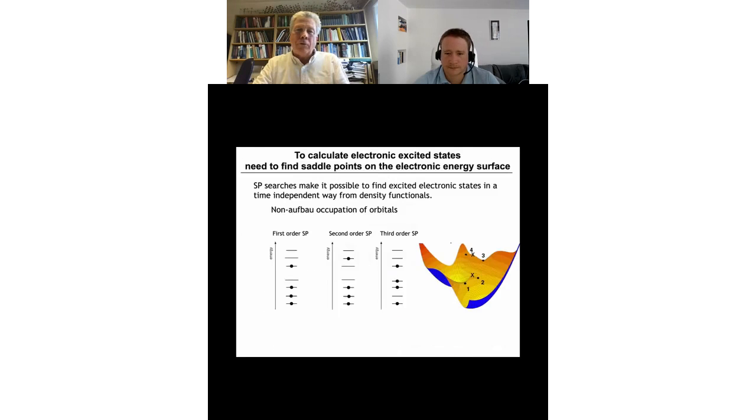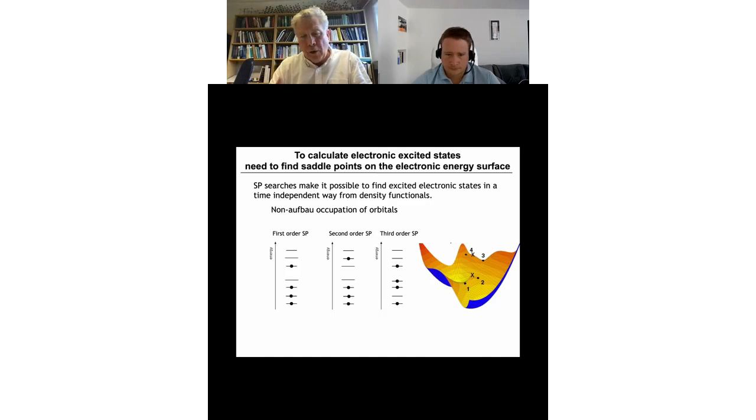I'm not going to go through this because I'm out of time, but basically here's the idea. If you're dealing with a HOMO to LUMO transition, the energy surface for this excitation corresponds to a first order saddle point. There's one way for the system to relax back to the ground state.